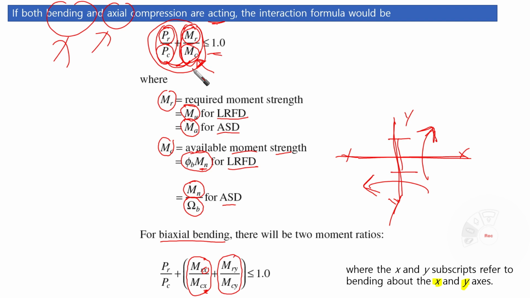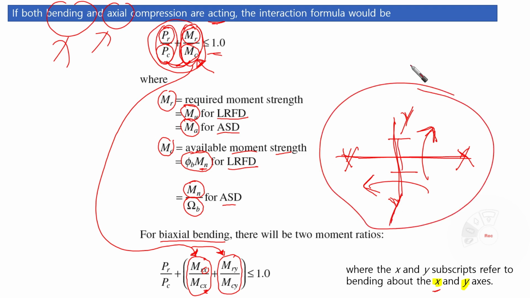So the moment term is going to be represented by two components, one related to X and another related to Y, where the X and Y subscripts refer to bending about the X and Y axes.